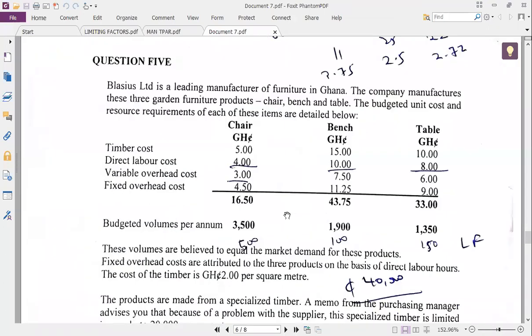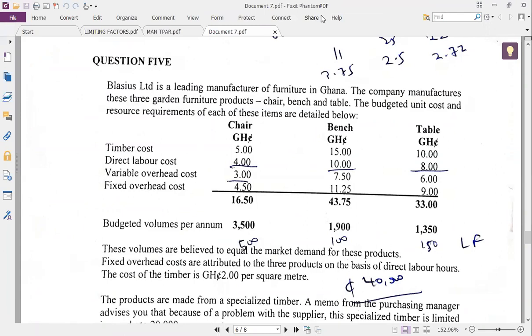So the chair, maximum demand or the budgeted volumes per annum is 3,500. So that's the demand for the products.